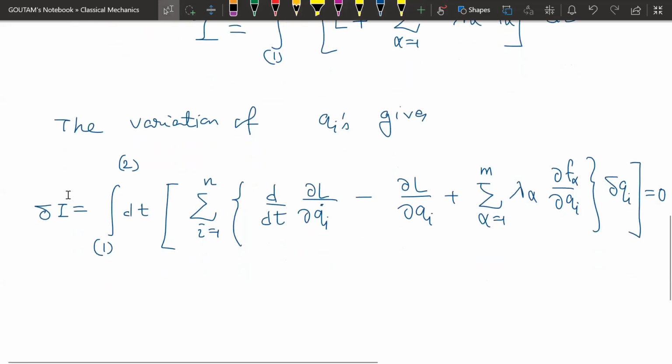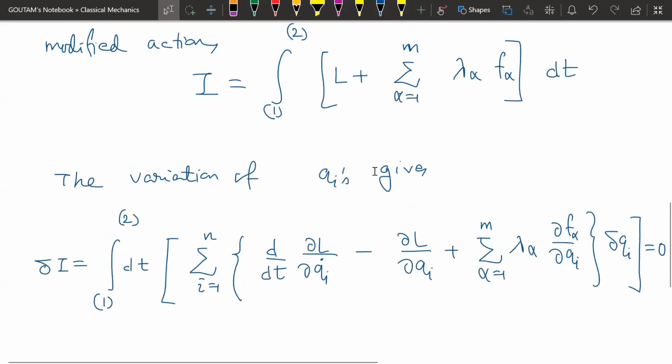This will be the variation of the action if we introduce variation in qi.